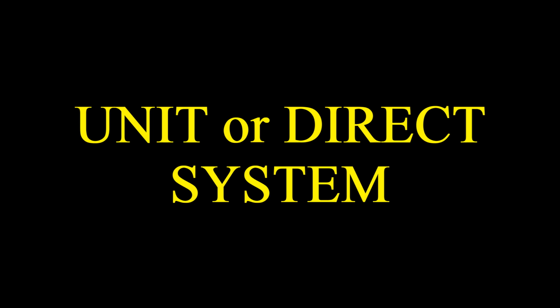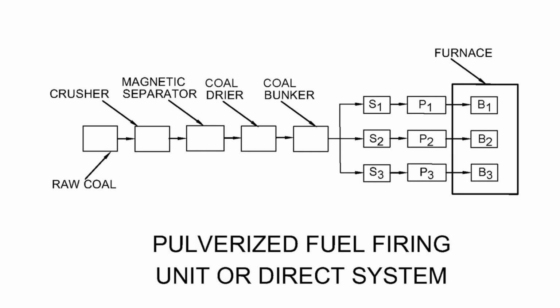Unit or direct system. This system has a simple layout. Referring to the diagram that shows different components of the system as blocks. First, raw coal is collected in the main bunker as shown on the left hand side of the diagram. From here, the coal moves to the crusher.